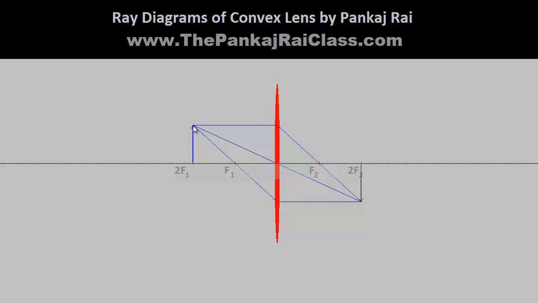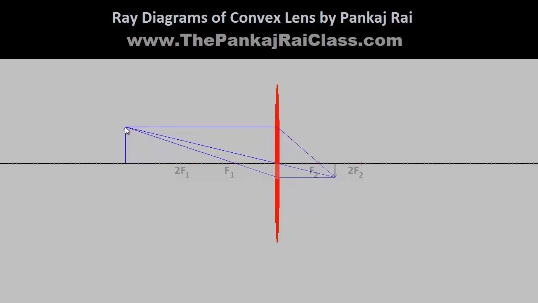Okay, now what happens if I take the object from 2f1 to beyond 2f1? If you see carefully, I am moving the object beyond 2f1 and the image is actually moving between f2 and 2f2, and actually it is coming towards f2, and slowly it is diminishing in size, but it is still real and inverted.